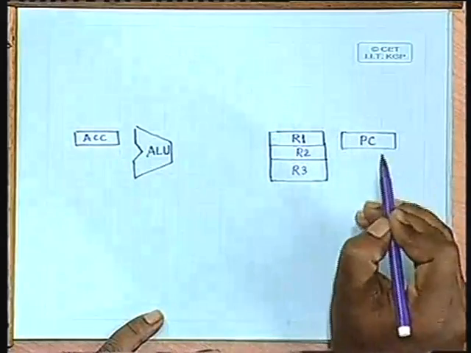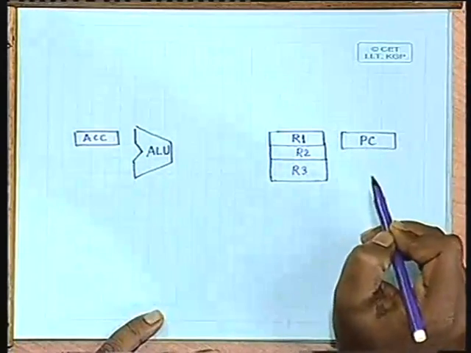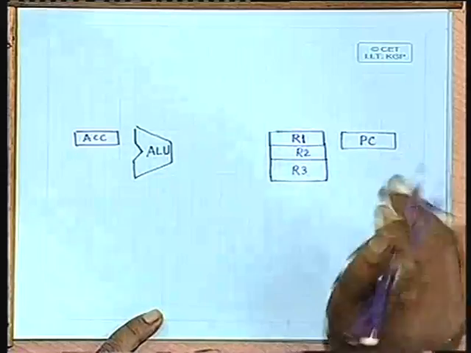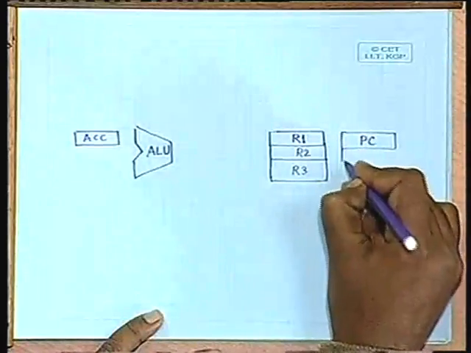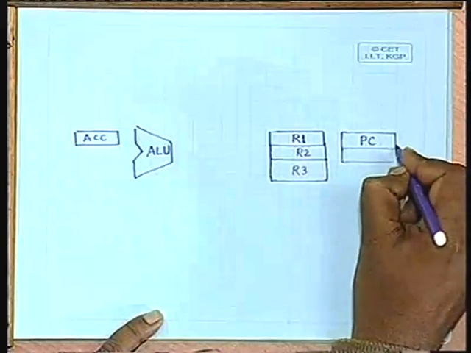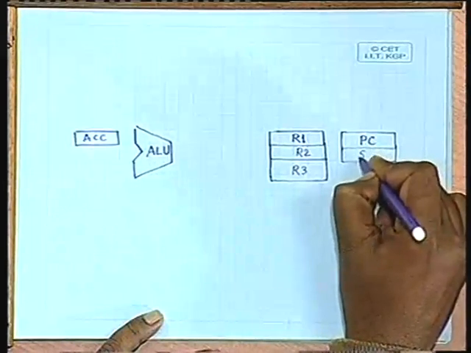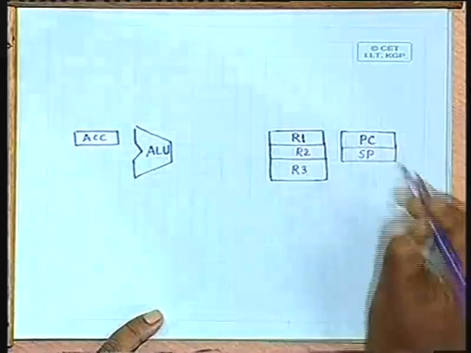So, to save all this information, I must know where in memory it is saved. This information is saved in some memory locations which are called stacks, and the addresses of those stacks are given by another register which is called a stack pointer or SP.